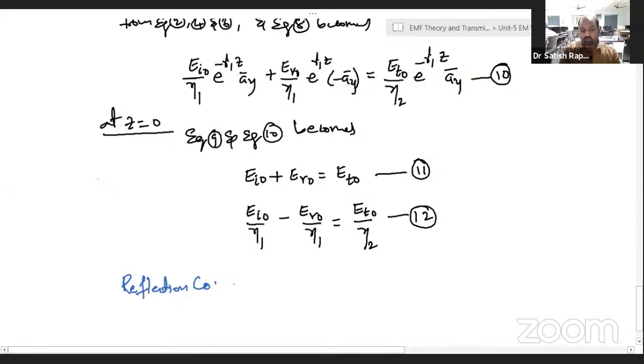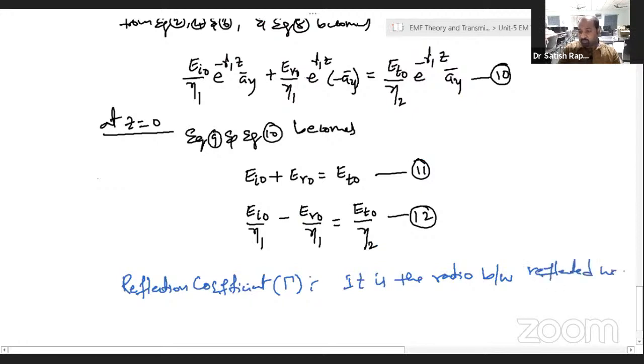Reflection coefficient. The reflection coefficient is denoted by capital gamma. This is the symbol, and it is the ratio between the reflected wave to the incident wave.